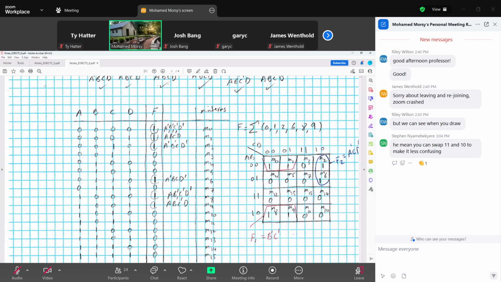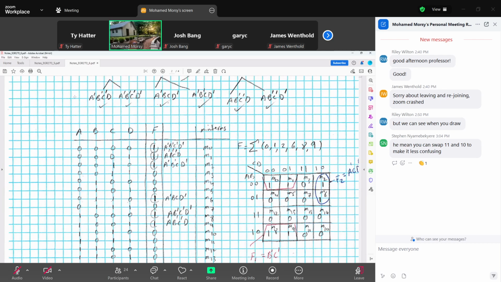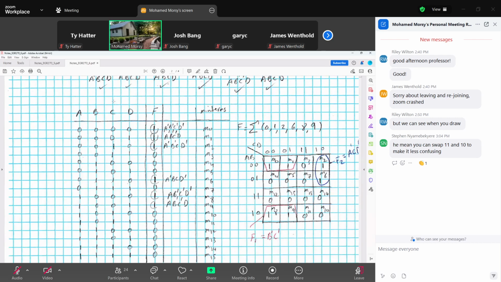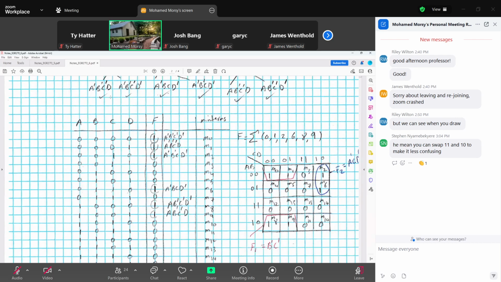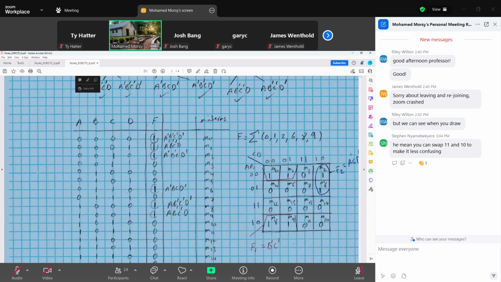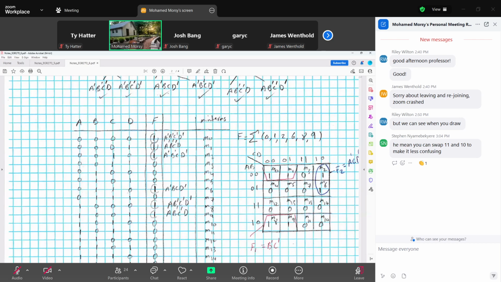And now let us look at the first product term. A inverted, B inverted, C inverted, D. So A inverted means we talk about A 0. So we look at here. Is one row of these rows. Oh, sorry. Then B inverted.